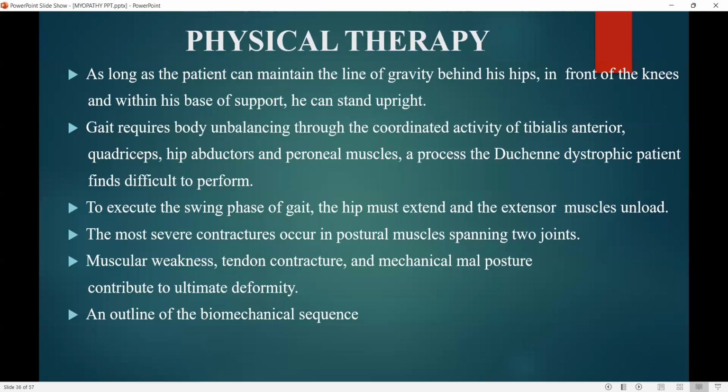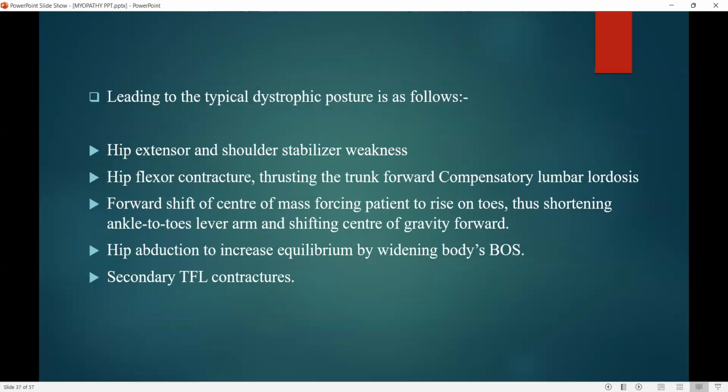Muscle contracture occurs in the postural muscles spanning the joint. The muscular weakness, the tendon contracture, and the mechanical malposture contribute to the ultimate deformity. An outline of the biomechanical sequence leading to the typical dystrophic posture is as follows.